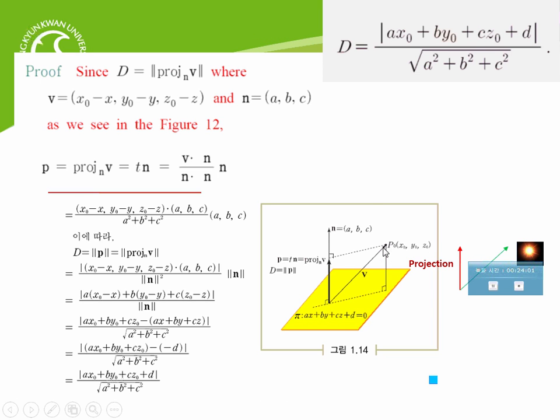So we are looking for the projection of this vector v onto n. So we have t times n, where t is the inner product of v and n over the inner product of n and n.